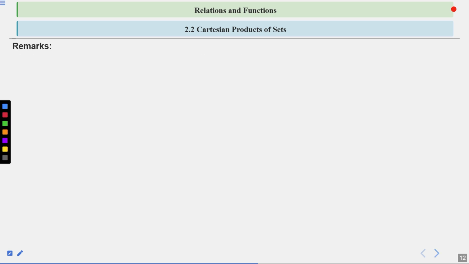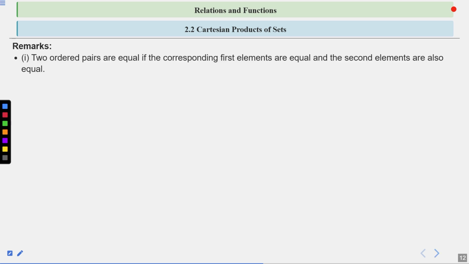Now some remarks. First, two ordered pairs are equal if the corresponding first elements are equal and the second elements are also equal. So when do we say that two given ordered pairs are the same? When the first element of one ordered pair is the same as the first element of the other, and the second element is the same as the second element of the other ordered pair.